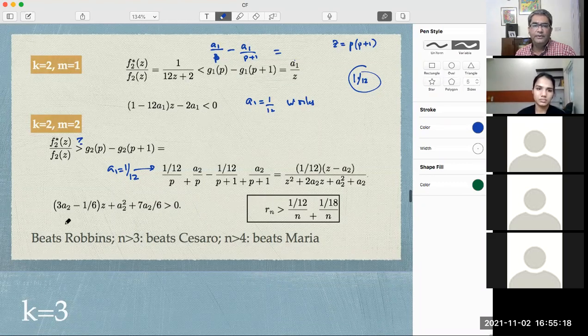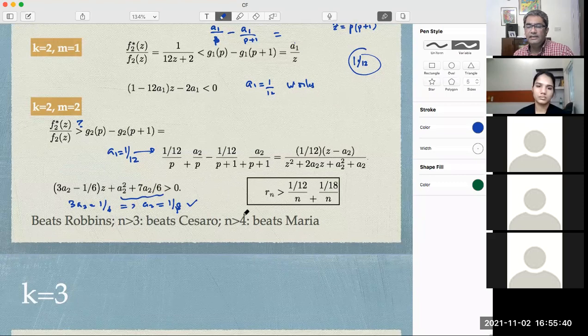You cross multiply, you get this. Now if I put 3a2 equal to 1 by 6, or a2 equal to 1 by 18, then it works. This side is positive, and this guy is 0. So I can find an a2 so that we get some inequality like this.